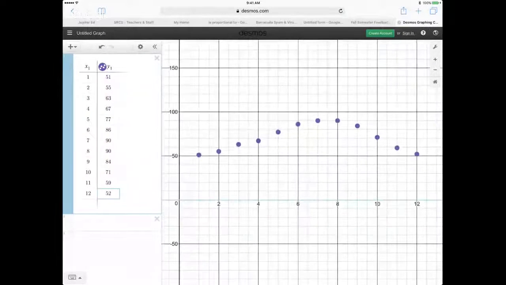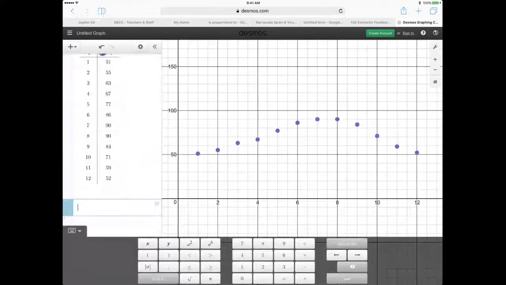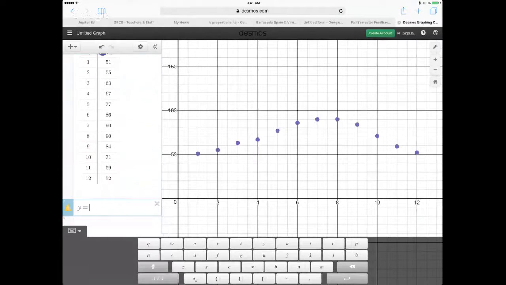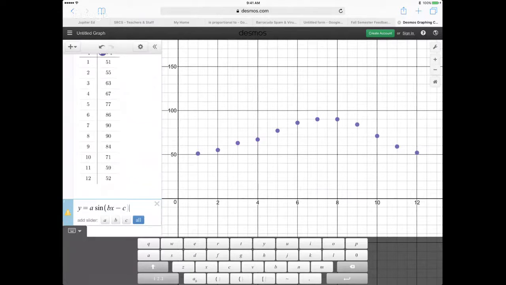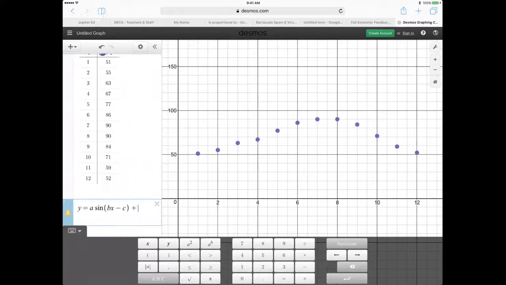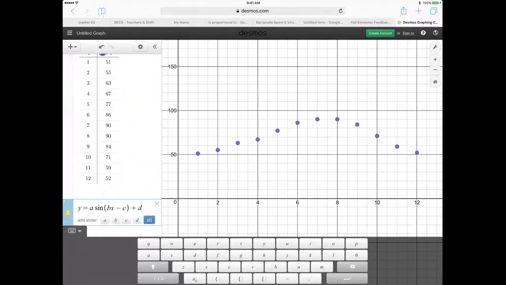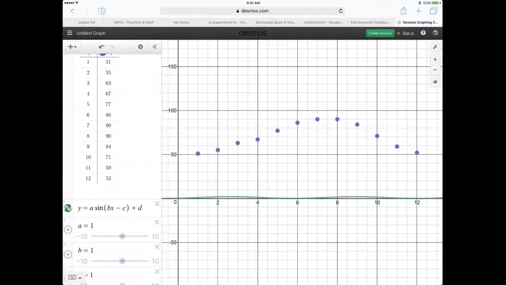So here's my beautiful scatter plot. And now we want to say, how can we get y equals a sine of bx minus c plus d to fit?